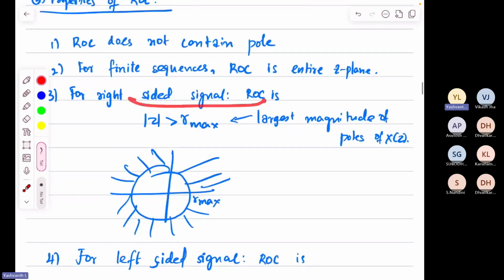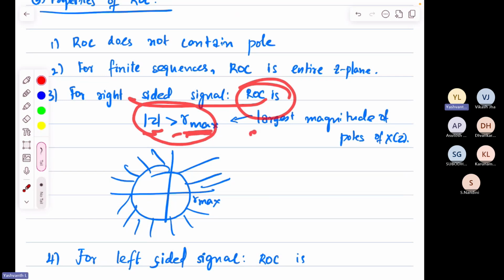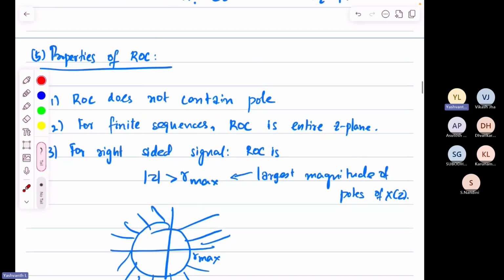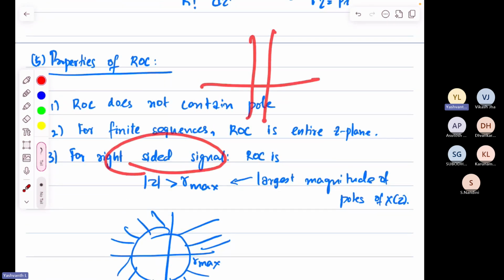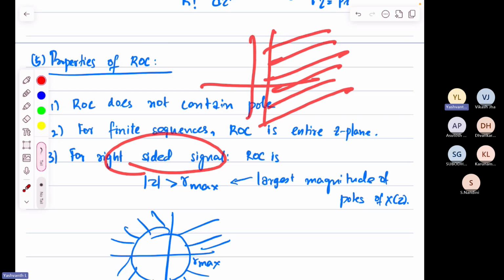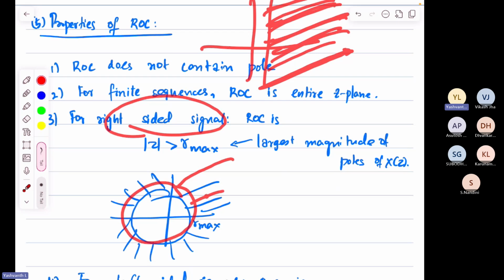For a right-sided signal, the ROC takes the form mod z greater than R max. What is R max? R max is the largest magnitude of poles of x of z. Recall in the Laplace transform, a right-sided signal will have a right-sided ROC. Here, instead of saying right-sided ROC, we are saying it is the exterior part of the circle with radius equal to the largest pole.